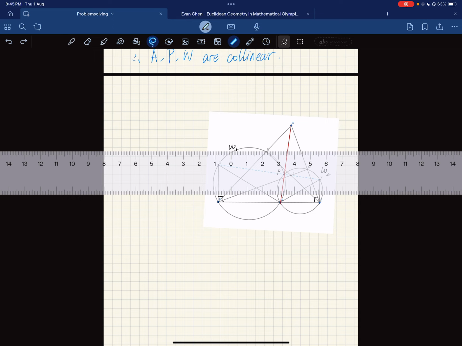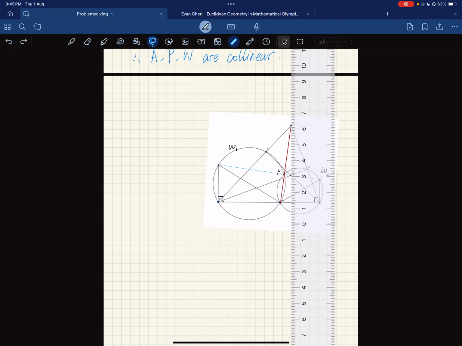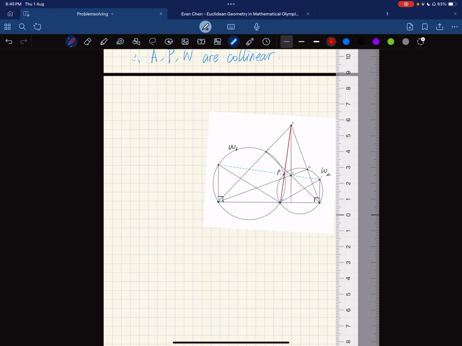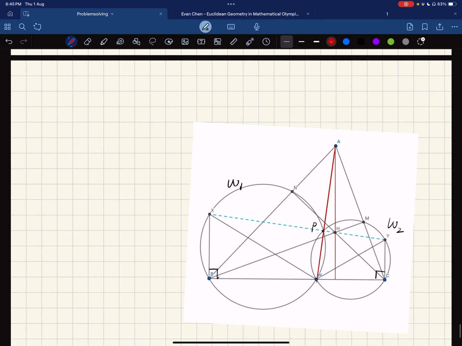Maybe here, we try to connect the points A and H. As you can see, they are here. Oh, I have to say one thing before.